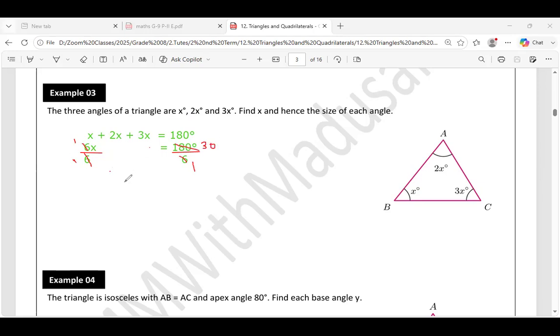So you can write x equals 30 degrees. Now you know the value of x.